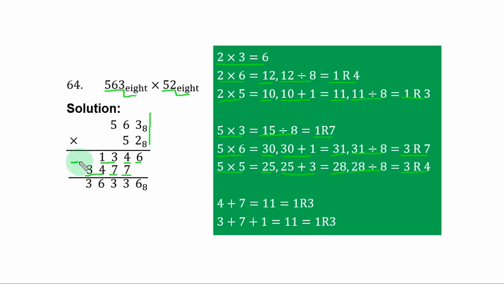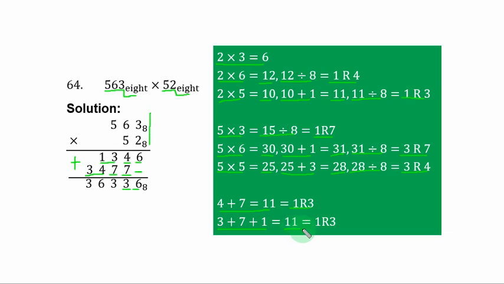After multiplication in this manner, you add. So 6 plus nothing here is 6. The next column, you have 4 plus 7, that is 11. And 11 is not a digit in base 8. Divide 11 by 8, you have 1 remainder 3. You put down 3 and you take 1 forward to the next column, where you have 3 plus 7 plus 1, that is 11 again.